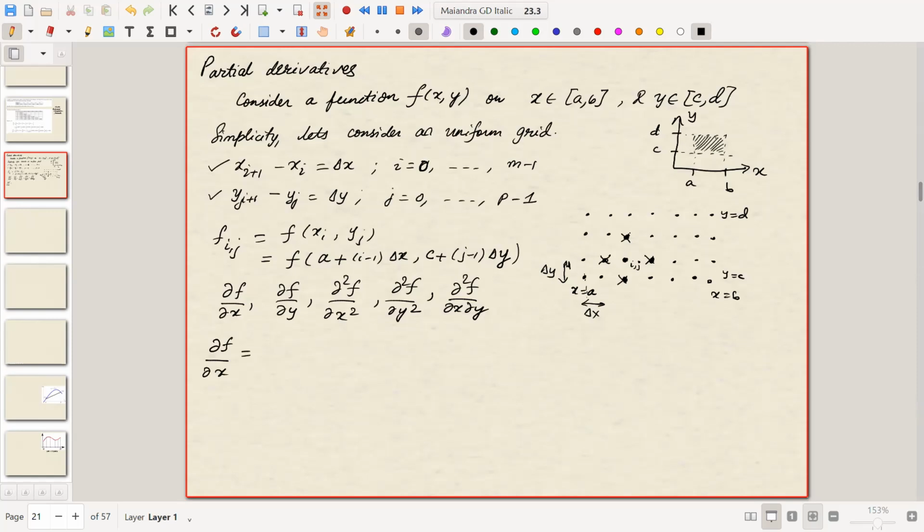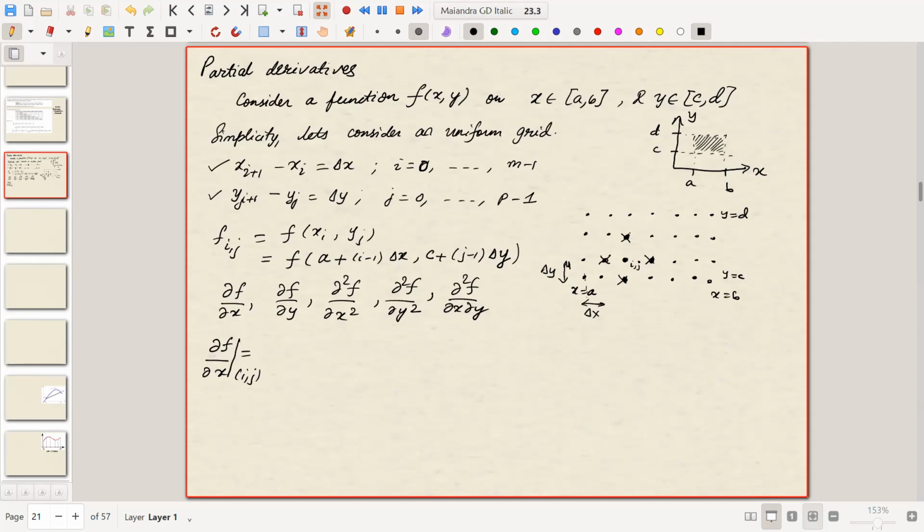Okay. So dou f by dou x, and of course you have to evaluate at some grid point, that is the i comma j grid point. Okay, i comma j, that means the ith point in the x-axis, the jth point in the y-axis. And since we are differentiating with respect to x, the only thing that will change is the ith index.